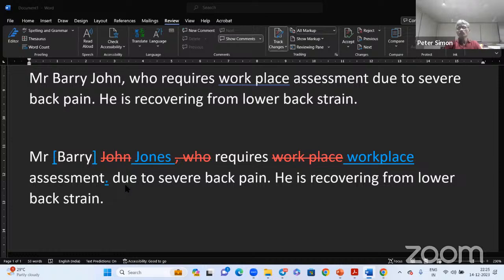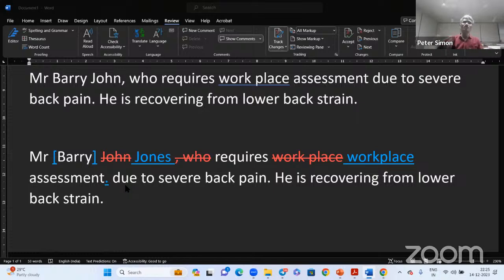You cannot go for work due to severe back pain. It's a contradiction actually. There's a very big flaw in your sentence. Mr. Jones requires workplace assessment due to severe back pain. That means Mr. Jones has a severe back pain. Therefore, he requires workplace assessment.